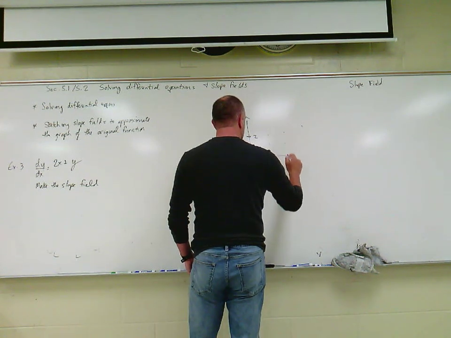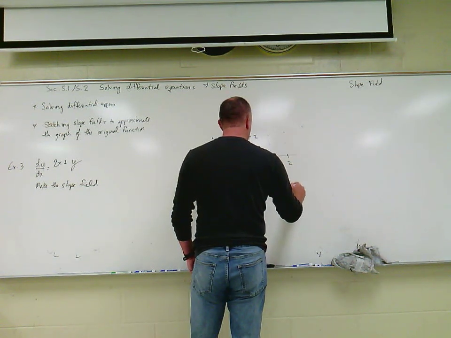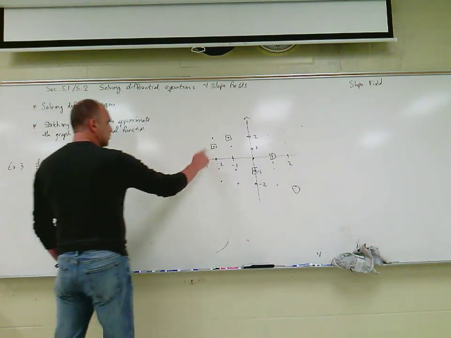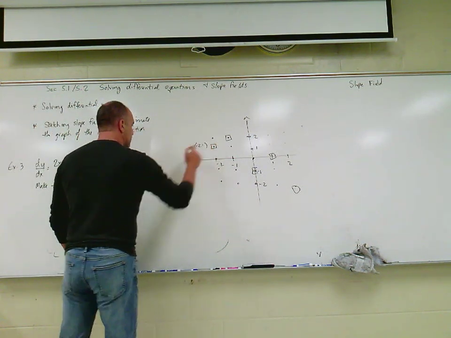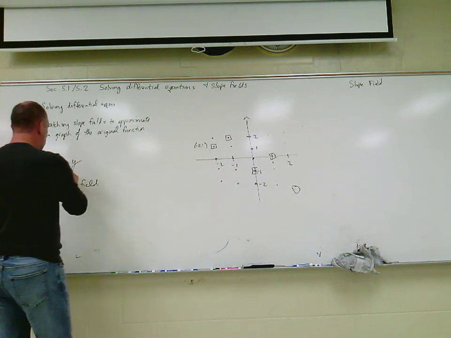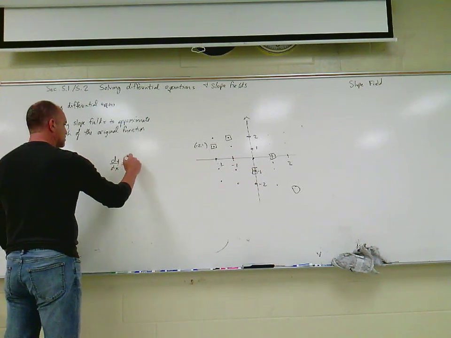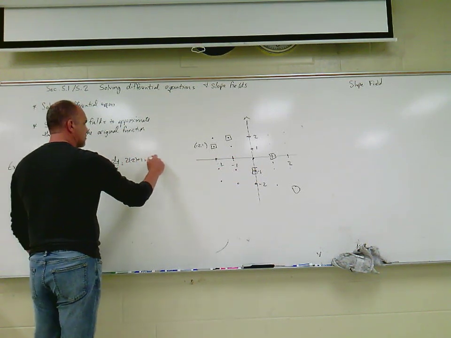I want to make sure that you can calculate these. So right here, this is the point -2, 1. I'm going to substitute that in. So I can see that dy over dx is 2 times -2 plus 1, which is -3.